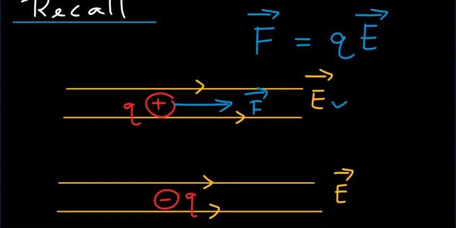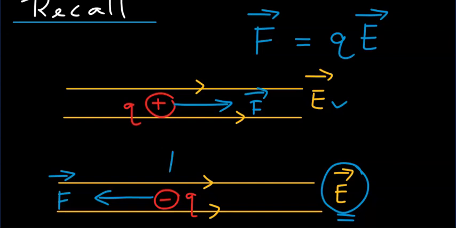However, if you have a negative charge sitting in the same electric field which is heading rightward, the force on such a negative charge would be going in an opposite direction to that of the electric field. So the force would be heading leftward, signifying that this charge will move leftward.